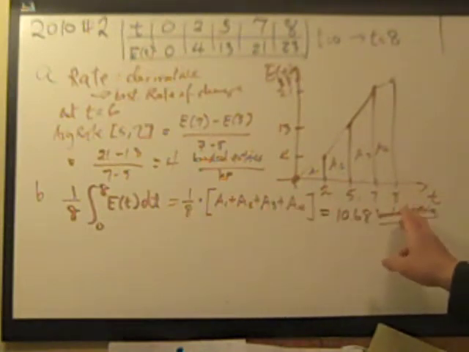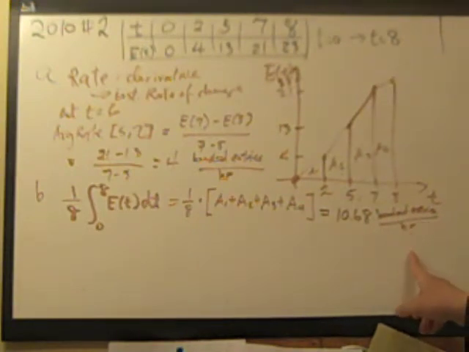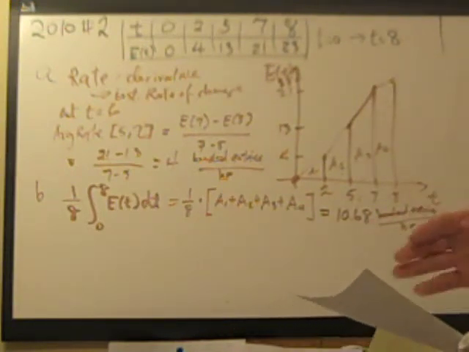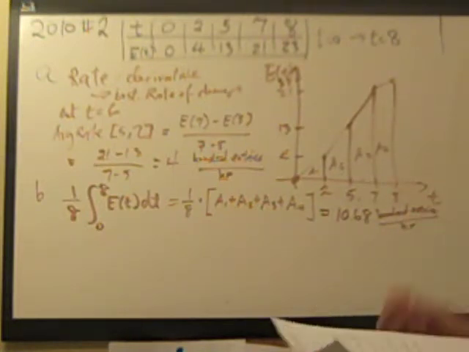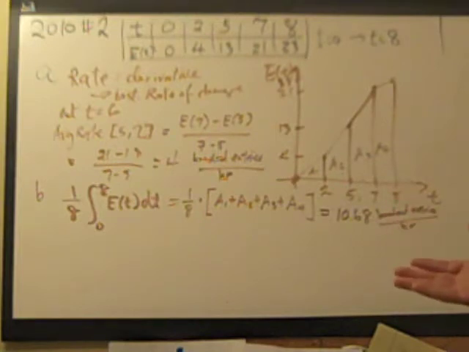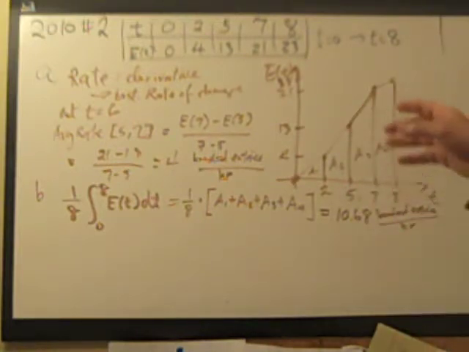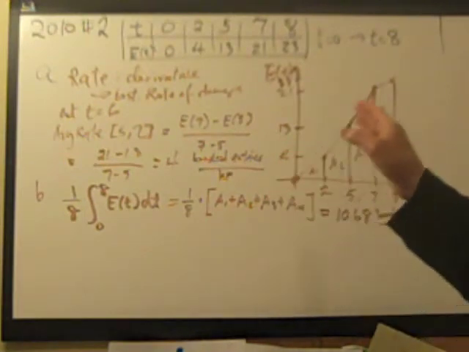So you get total number of entries divided by 8 hours gives you 10.68 hundreds of entries per hour. What does that mean? The second part of the problem is asking, well, explain the meaning of this answer. Well, this answer simply means it's the average entries per hour.